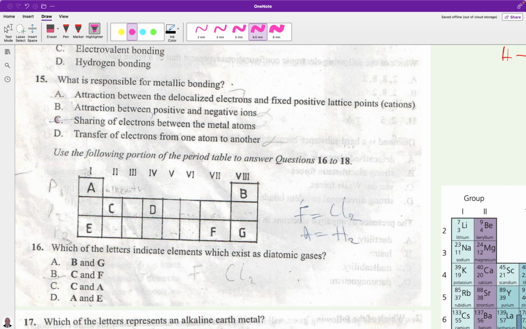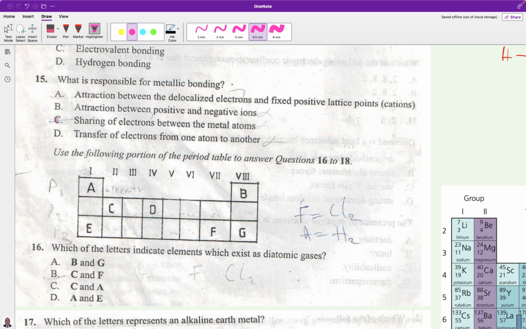There is a sea of delocalized electrons, and the attraction between the sea of delocalized electrons and the positively charged nucleus of the atom. So what is responsible for metallic bonding? A, attraction between the delocalized electrons and fixed positive lattice points, or cations.